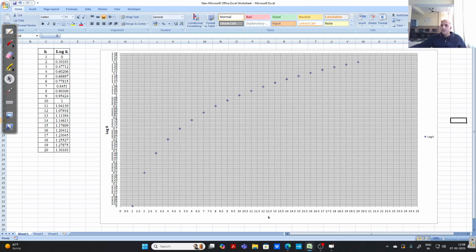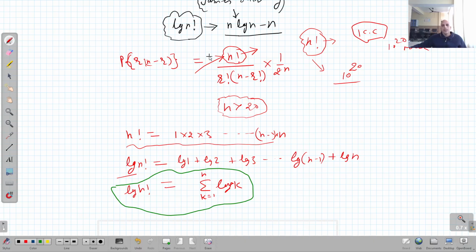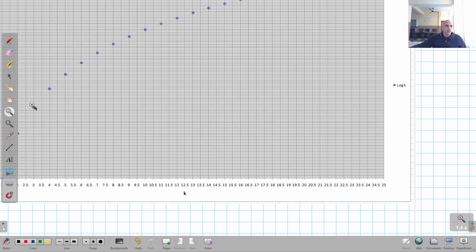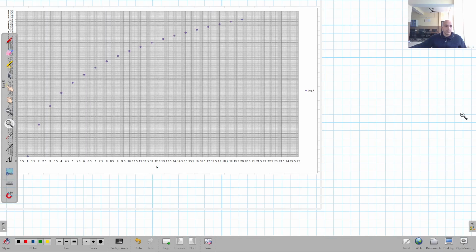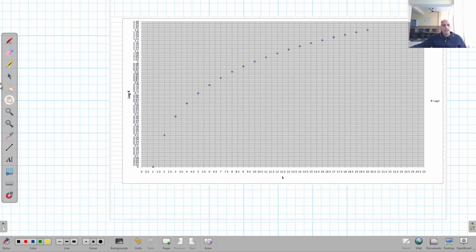Now I'm going to discuss this graph. Now look at this graph, the graph of k versus log k.